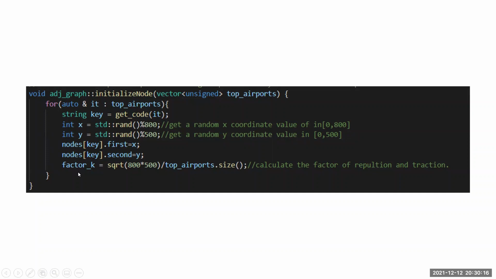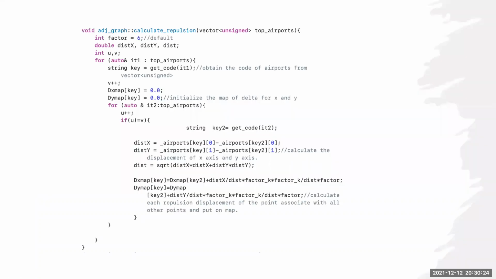Also, we created a factor K, which is used to make the points fit the canvas better for the following functions. Then we wrote a function to calculate the repulsion. This is done by considering two points.